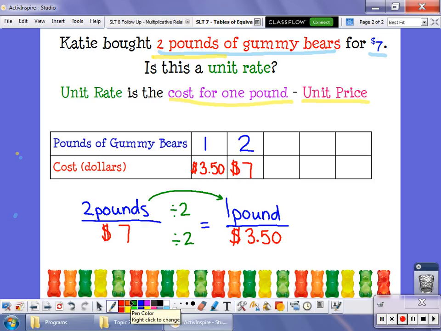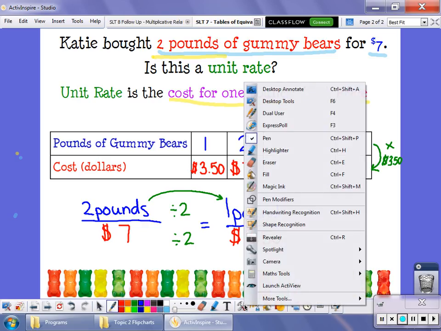Okay, so we can use that information to help us with our table, because remember, it's a multiplicative pattern. So what I'm noticing is every time I have a pound, I'm going to multiply it by $3.50. Now that's a little bit tricky to do. And remember, what we've been doing in class, we are allowed to use a calculator. So for 3 pounds, let me pull up my calculator here.